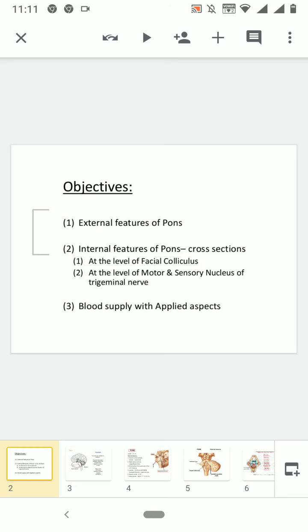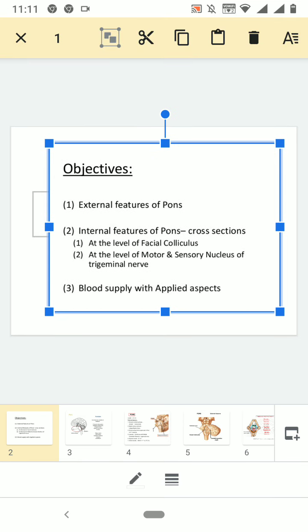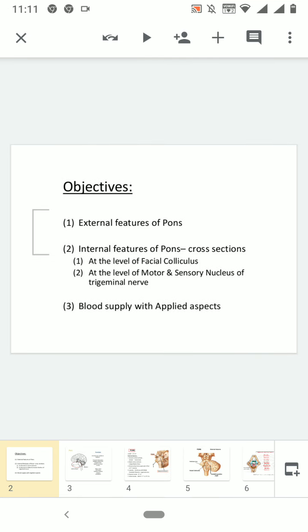Remember, the ventral surface is also the basilar part of the pons, and you have the basilar groove, the transverse striations, and the middle cerebellar peduncle. You have the cranial nerves coming out of the pons. Very important are the trigeminal nerve, the abducent nerve, the facial nerve and the vestibulocochlear nerve. So 5, 6, 7, 8, you saw that.